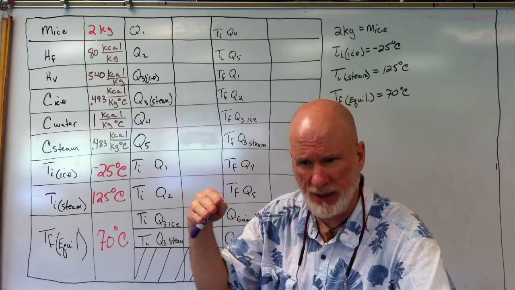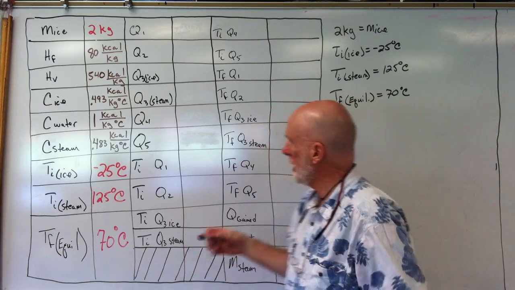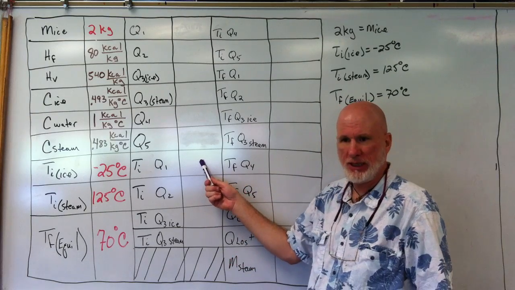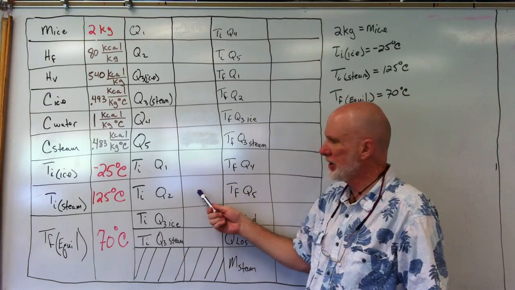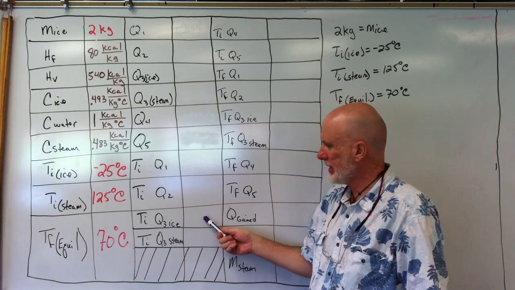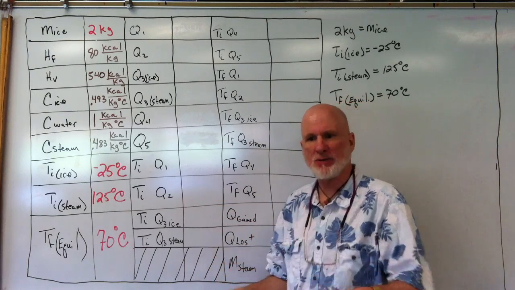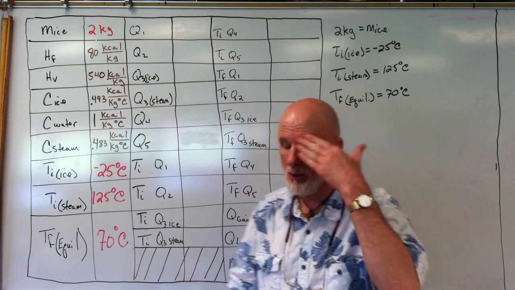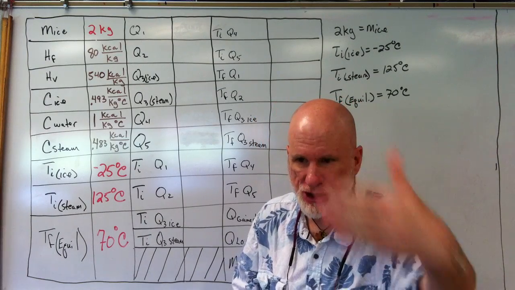Okay? You follow me? So, this is what I want to do. You see where it says temperature, initial temperature Q1, initial temperature Q2, initial temperature Q3 for the ice? That's what I want to fill in. I want to know each transition.